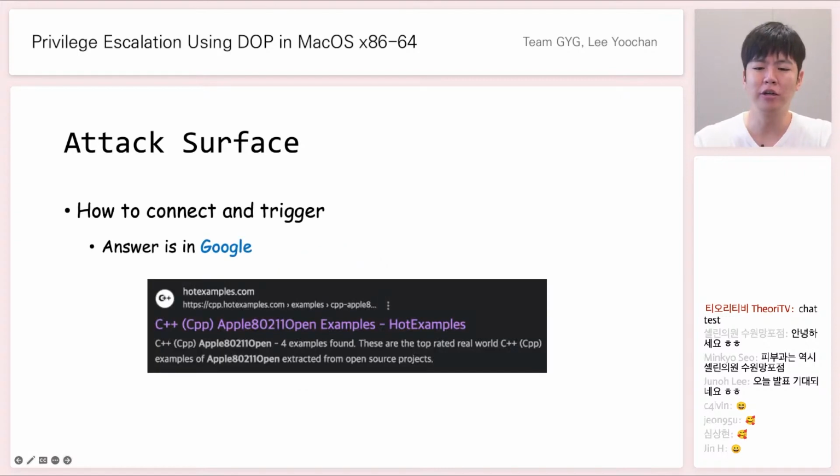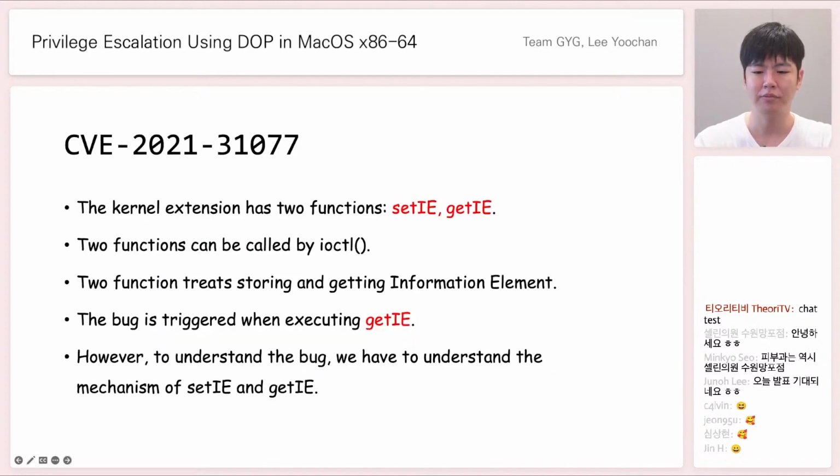I didn't figure out how to connect to the kernel extension, so I googled the name of the function and found some example code for connecting and triggering the function in the kernel extension. The example code is simple. It calls the socket function and the IO control function.